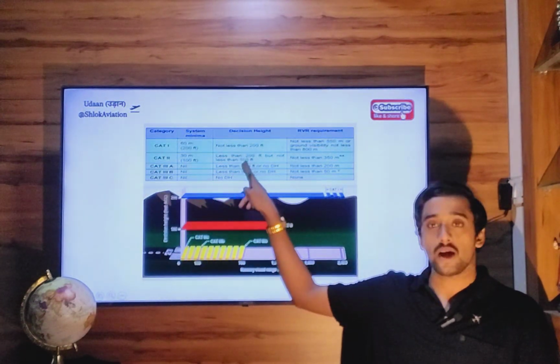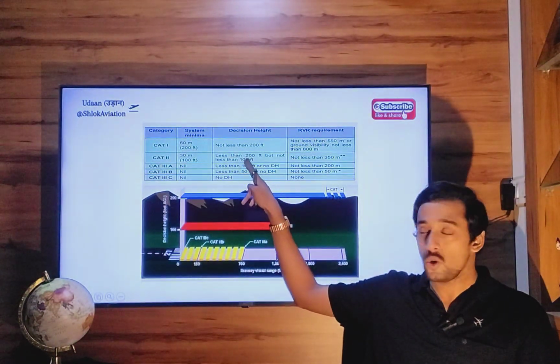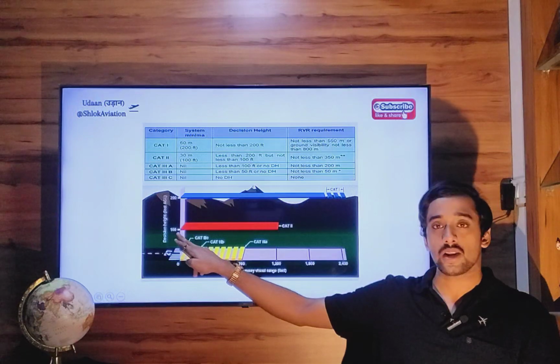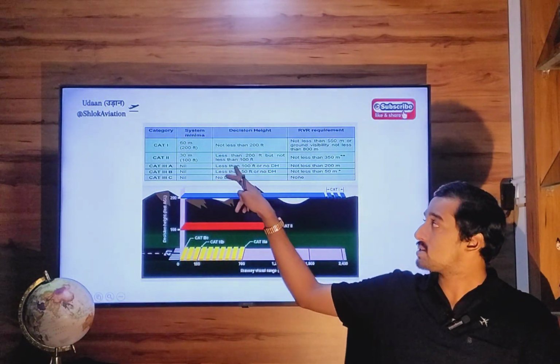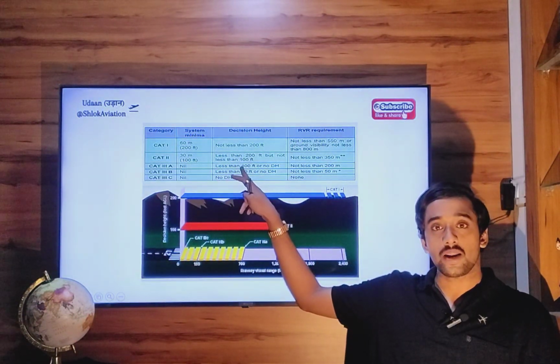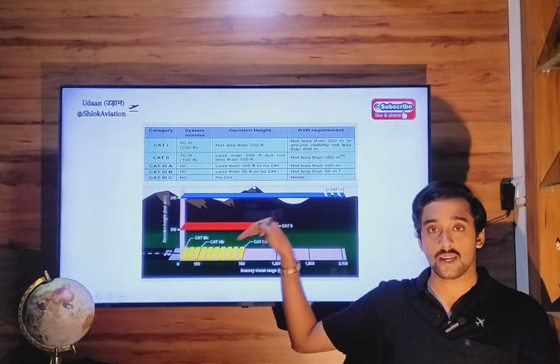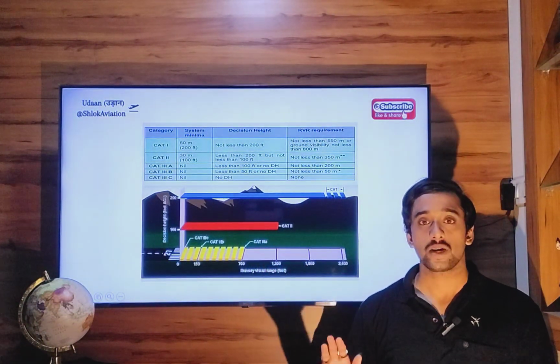Cat 2 will provide reliable guidance down to 100 feet above the runway. Cat 3 operations will provide reliable guidance down to the runway, directly to the runway. So there is no vertical limit.